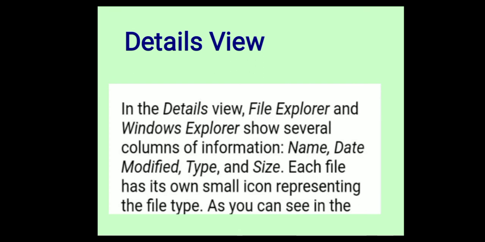Details view. In the details view, File Explorer and Windows Explorer show several columns of information such as name, date modified, type and size. It means details view shows all the details related to your file or folder: what is the name of the file or folder, on which date you inserted it in this computer, and the type and size.